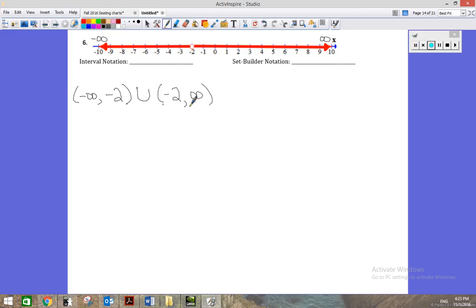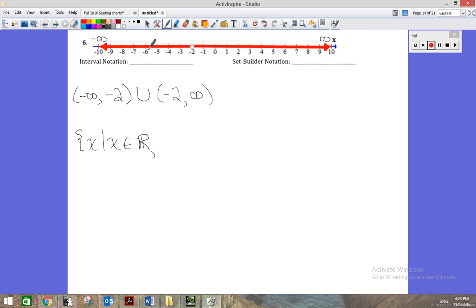Now, that's the way that we write it using interval notation. With set builder notation, I actually have two ways that I can write my answer that are commonly accepted. I've got x, the set of all numbers x such that x is an element of the set of real numbers.